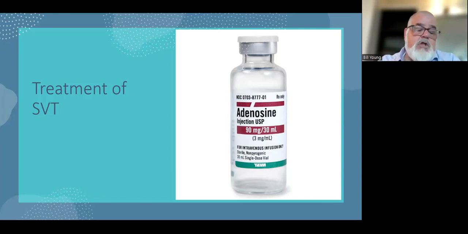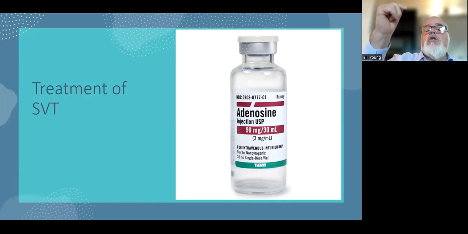Another way to do it, which to me is just as effective and doesn't require as much finesse or skill of being able to use a 3-way stopcock, is to use the medic getting ready to push it in. And again, we're going to use the injection site that is the closest to our patient.